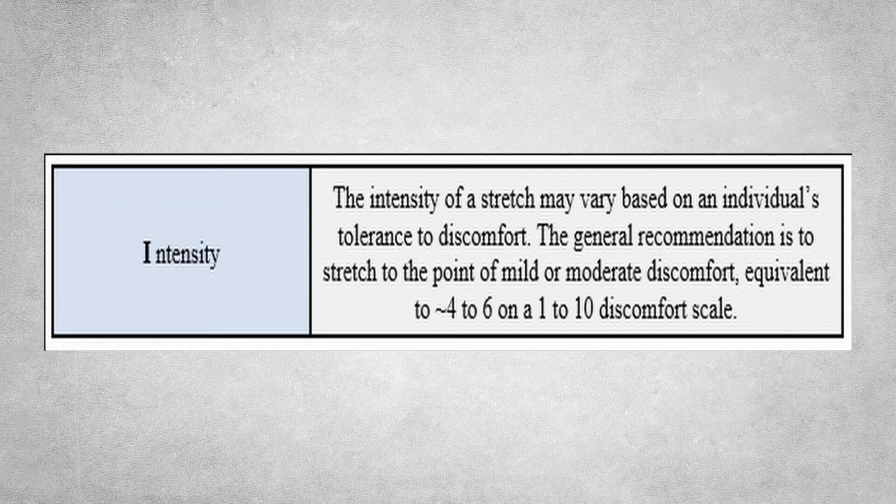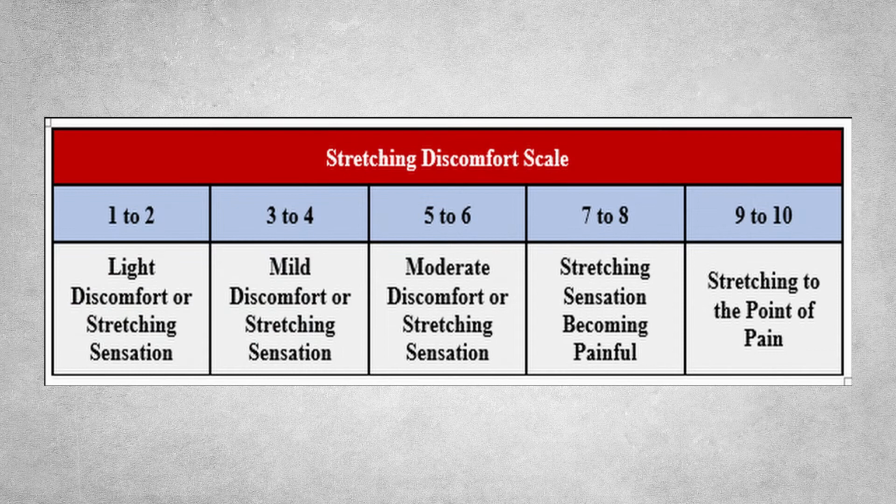Moving on to the variable of intensity, and thinking about it in the form of a 1 to 10 discomfort scale, where 1 means very light discomfort or a very light feeling of a stretch, and on the other end of the continuum, a 10 being stretching to the point of pretty extreme pain. Generally speaking, you want to be somewhere in the middle of that discomfort scale, somewhere around a 4 to a 6.